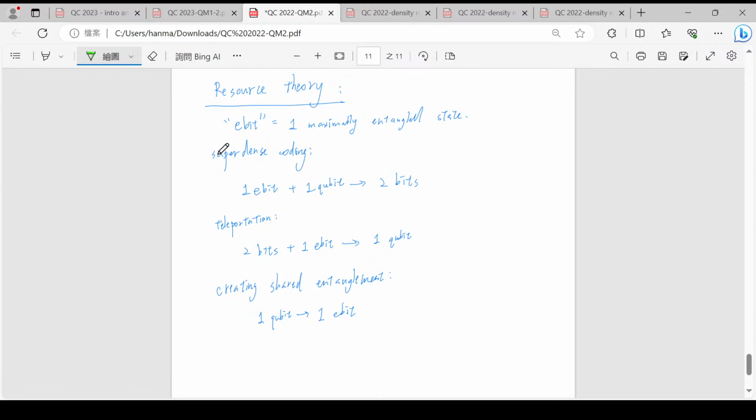So we see that in superdense coding, we consume one pair of entangled state, and we send 1 qubit, and the result is we send 2 bits. And in teleportation, we send 2 bits and we use one pair of entangled state, and we get 1 qubit. So we can see they are kind of symmetric.